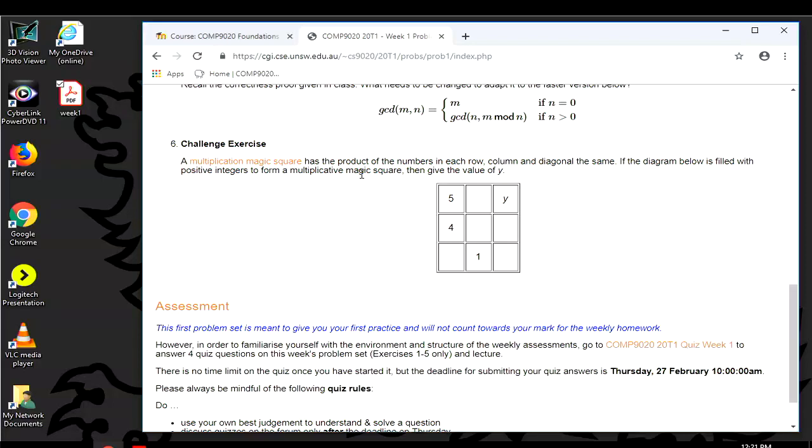You don't have to solve these challenge exercises at all. They will never be examinable, and they really go beyond what you're required to understand and know for this course. But for everyone, as I said, who finds it easy enough to solve the regular exercises, you might find it interesting to solve as a challenge.